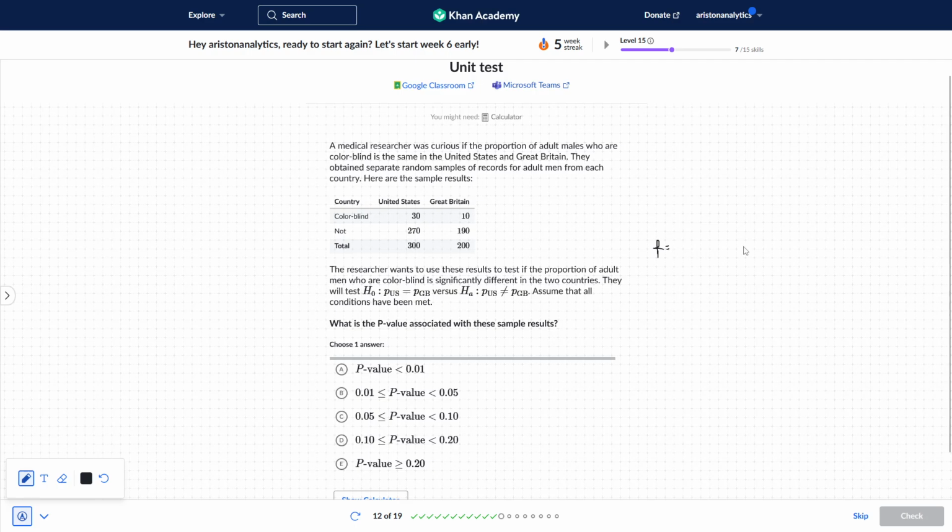P equals P given H naught, or P equals 0.